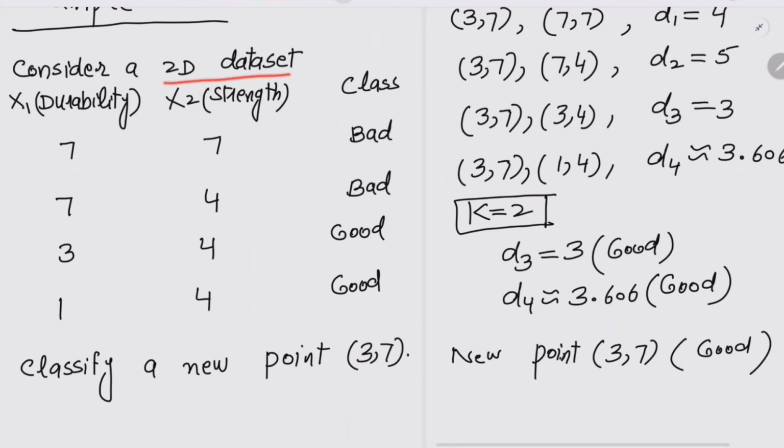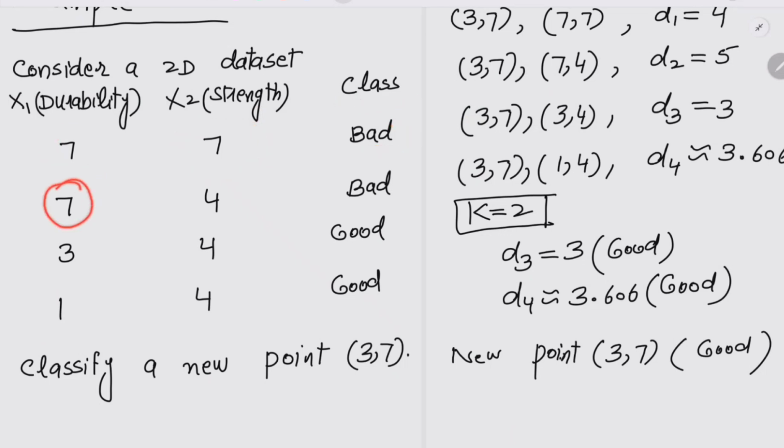Suppose we have a 2D data set similar to the previous example, but here feature 1 is the durability and feature 2 is the strength. If the durability is 7 and the strength is also 7, the class of the material is bad.